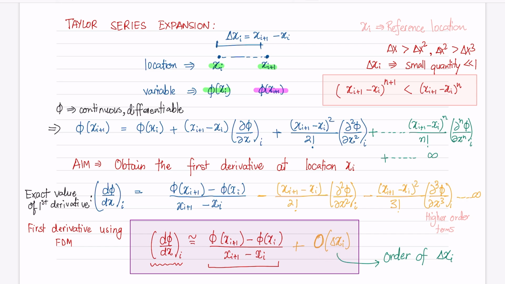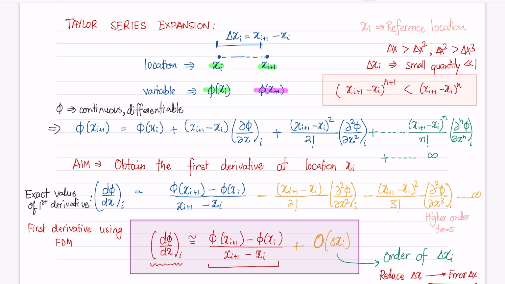It basically means that if we reduce delta x, the error would be approximately reduced by a factor of delta x. Okay, we'll see that with the help of a demonstration later on, after all this theoretical discussion. But right now it is important to understand how this delta x comes in. So this delta x is a manifestation of the largest term in the truncation error.